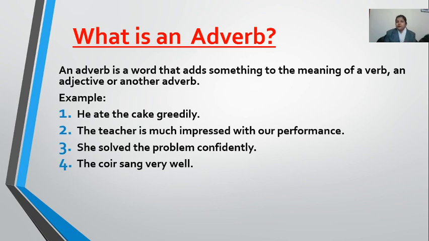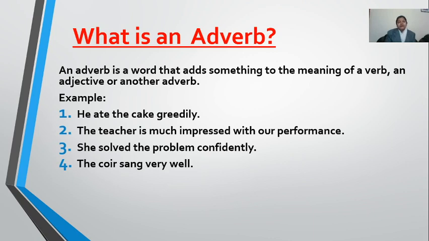What are these two words? Add and verb. Add means to join. What to join? Join something extra, something more to its meaning. So, adverb modifies or tells something more about a verb, an adjective, or another adverb also.